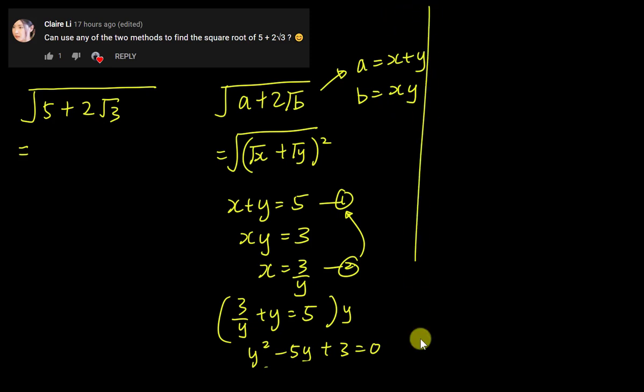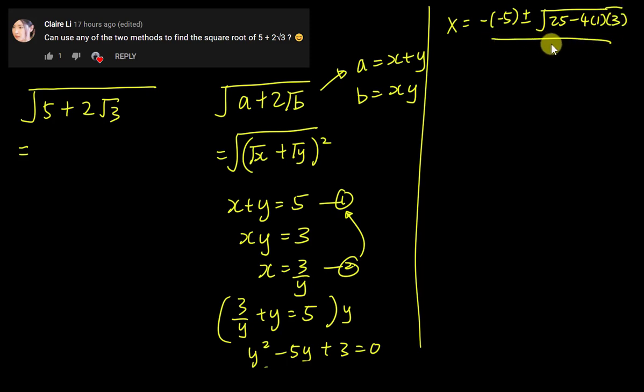The quadratic formula is x equals negative b, which is negative 5, plus minus the square root of b squared, which is negative 5 squared, 25, minus 4, a is 1, c is 3, divided by 2a, which is 2 times 1. Then this gives me 5 plus minus square root 13, because 25 minus 12, divided by 2.